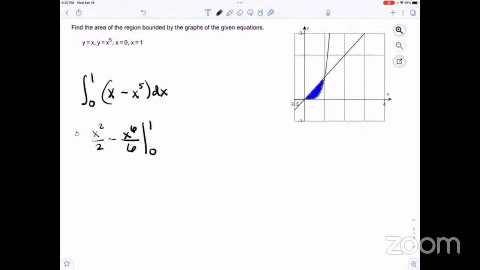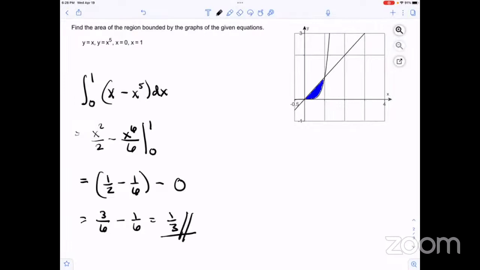Then we're going to say minus. When we plug in 0, it looks like we get just 0. So then this is 3 over 6 minus 1 over 6, equals 2 over 6, equals 1 over 3. That one looks like we get the third. I feel pretty okay about this one, so we're gonna go with it.